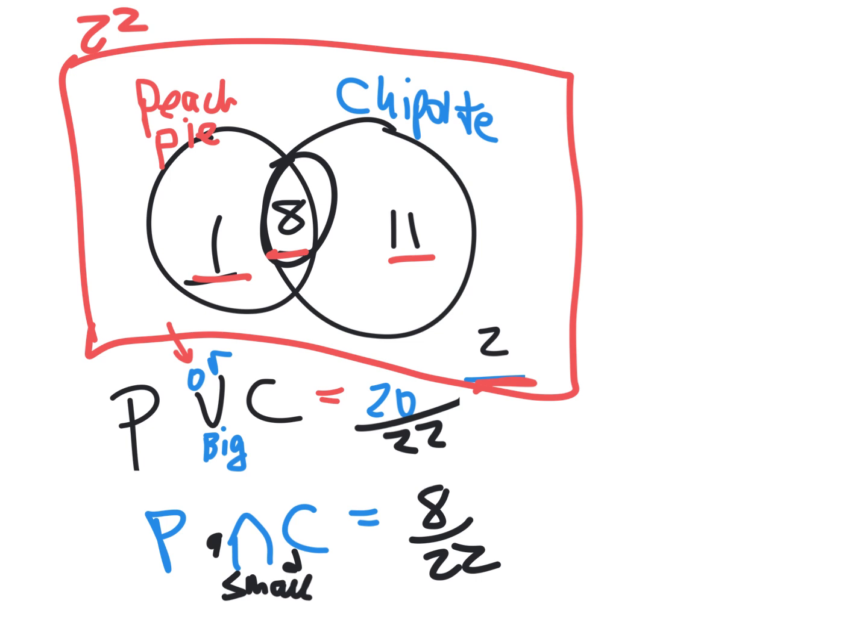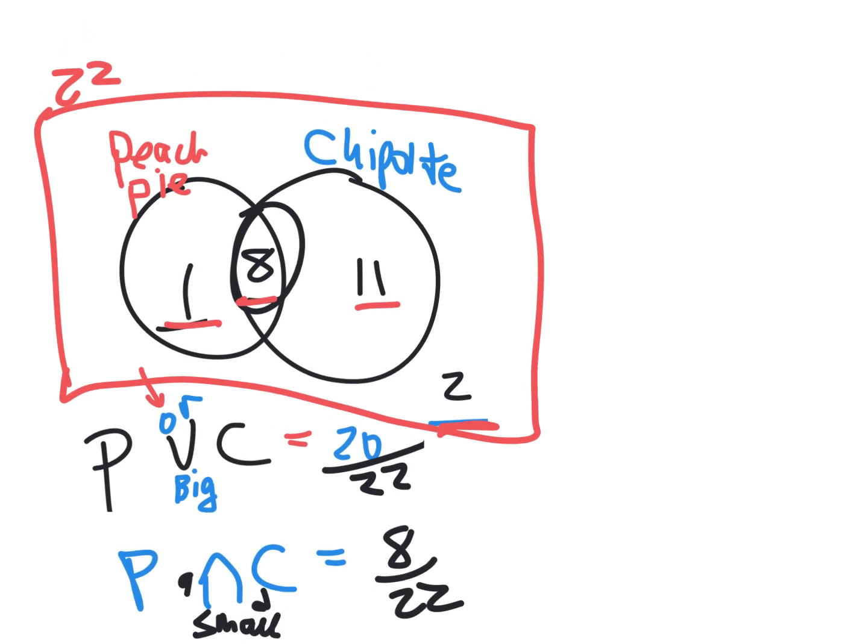Now, I feel like these are pretty easy until you get to the conditional probability, which is on the condition that I only talk to people who like Chipotle, then it's no longer out of 22 anymore. If I only talk to people who like Chipotle, it's out of what then? 19. Because the 8 and the 11 together make 19.